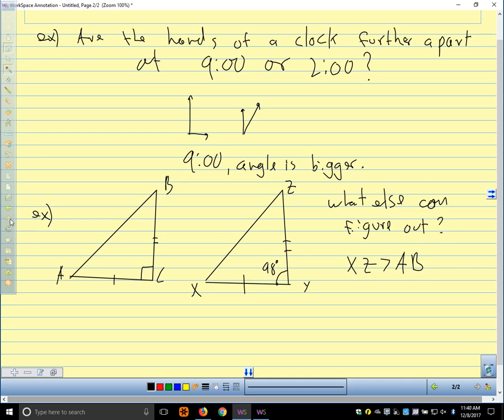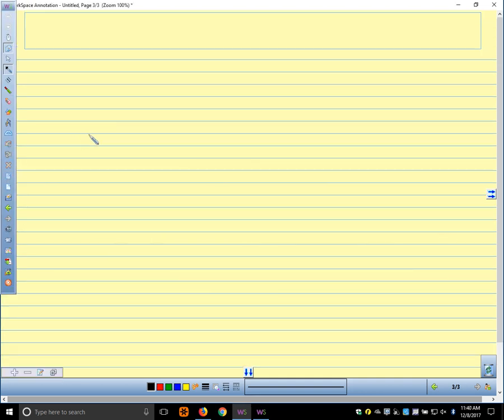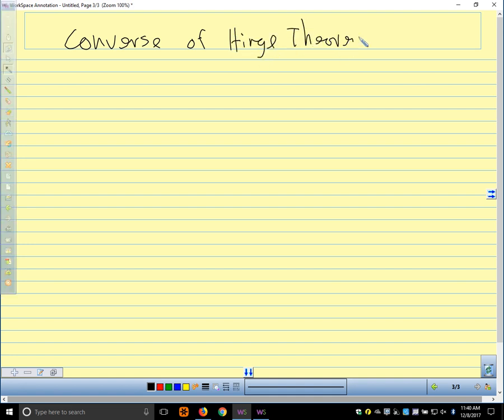All right, the converse of this is also true. The converse of the Hinge theorem. And that is also called the side-side-side inequality.